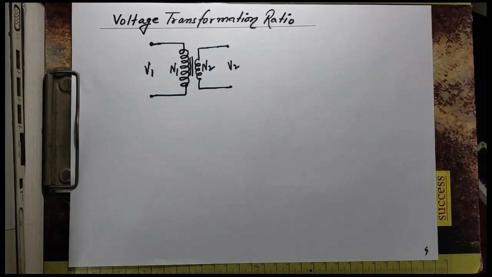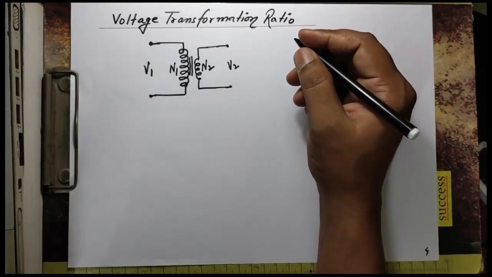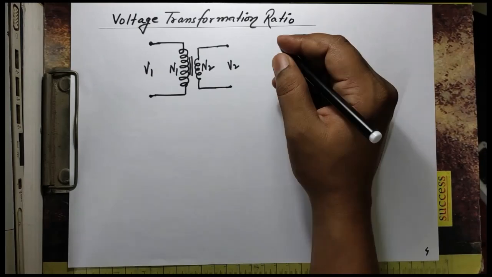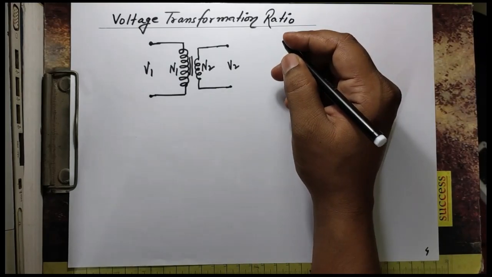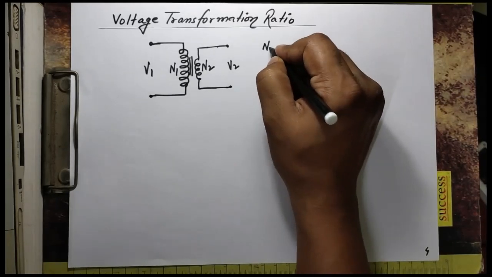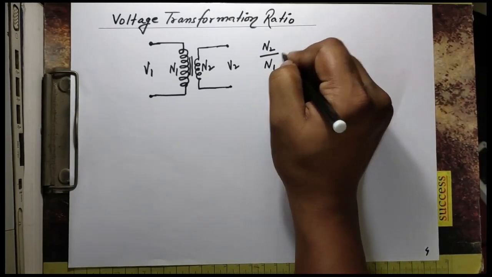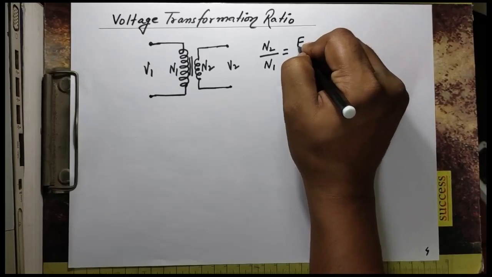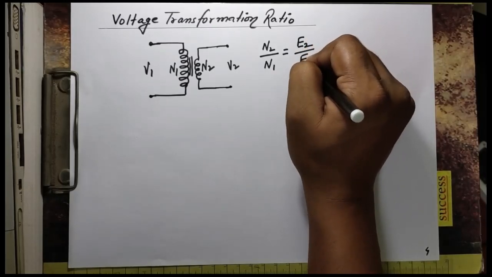As we have derived from the EMF equation of the transformer, N2 by N1 is equal to E2 by E1.